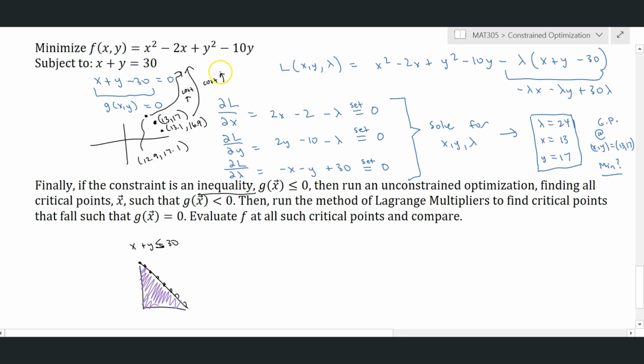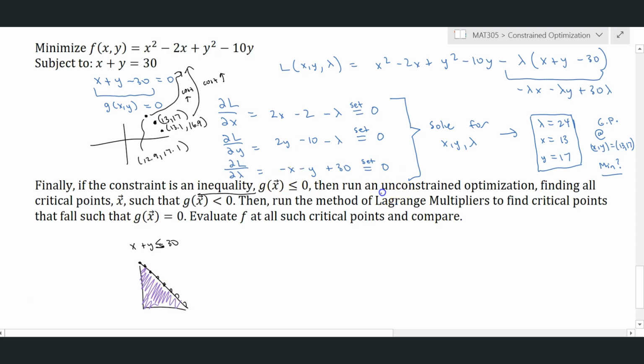Well, in that case, what you would do is, in unconstrained optimization, so you could do gradient descent, finding all critical points such that g of x is less than 0, right? So basically just do an unconstrained optimization problem, find the critical points, and then test all of those to see which ones satisfy g of x is less than 0. And that will take care of everything in the purple region.